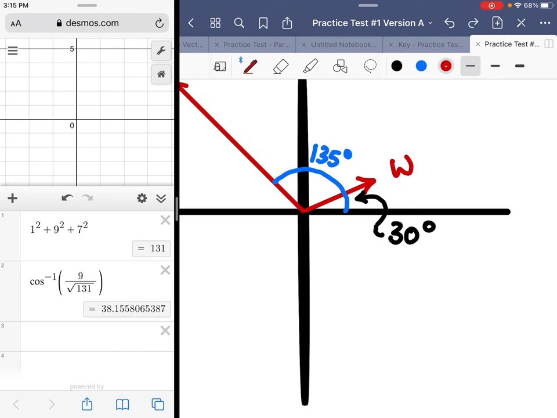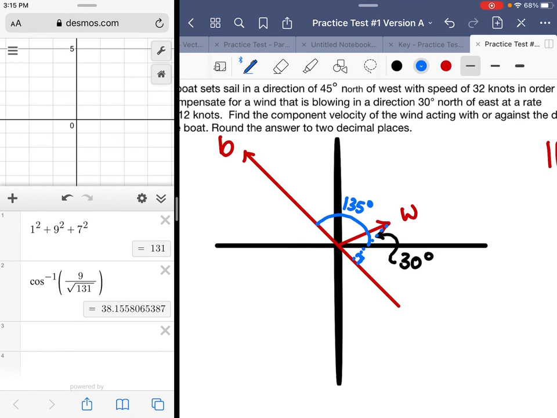Want it to be something more like that because I want to be able to drop an altitude down to the extended vector B. This little guy here, that's the thing that we're looking for, which is the projection of W upon B.